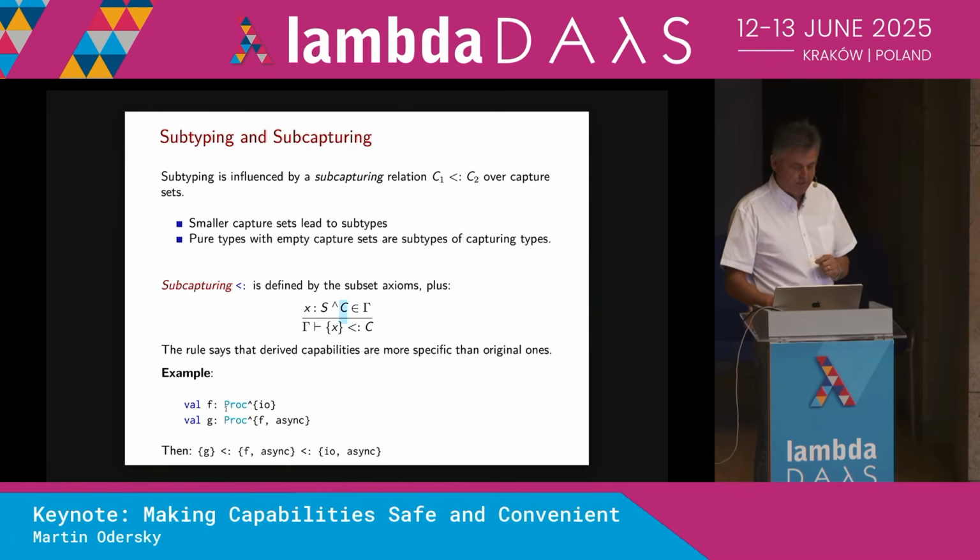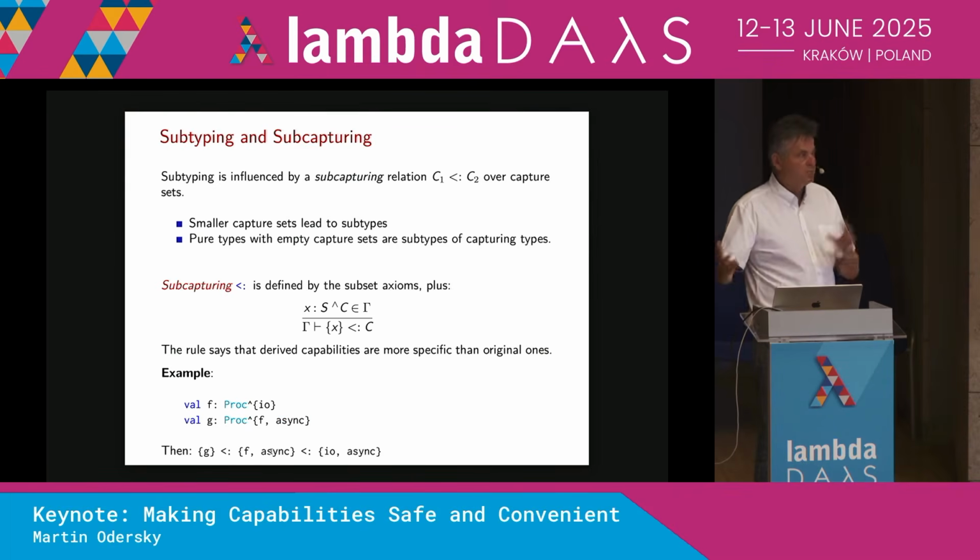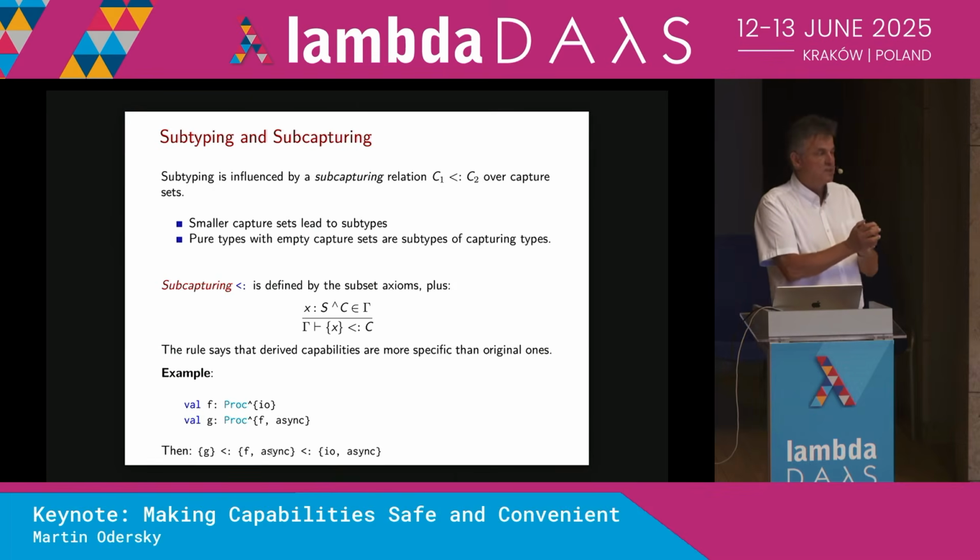So here we have an example. We say f is a function that uses I/O, and g is a function that uses f and async. So when we have the capability set g, that is more specific than a capability set that can do f and async. That's what g was declared with, but to hold g is to hold less.